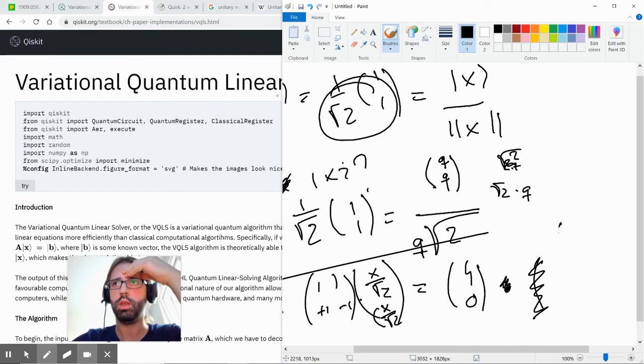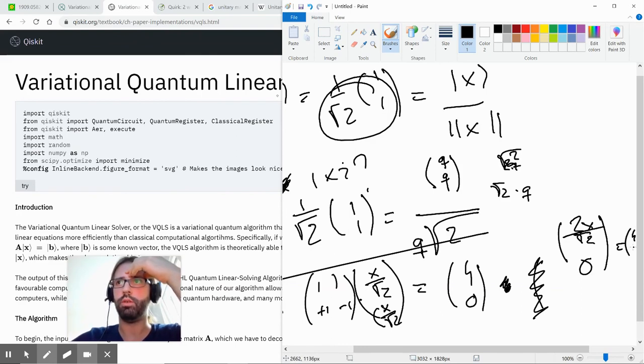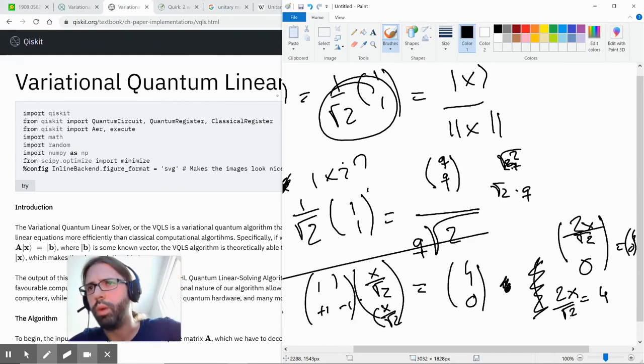So it should be 2 times x square root of x square root of 2, and this is 0, should be 4, 0. And so this means that 2 times x divided by square root of 2 should be 4. Is that correct? But that's not correct. That's just not correct. So what am I making the mistake?